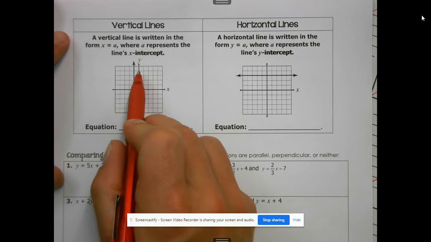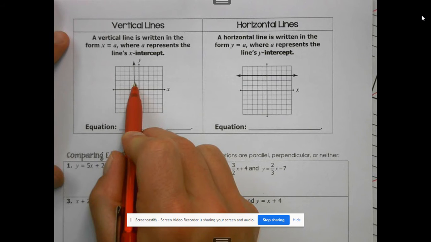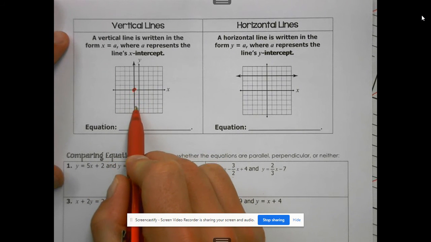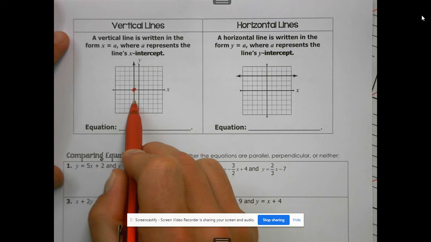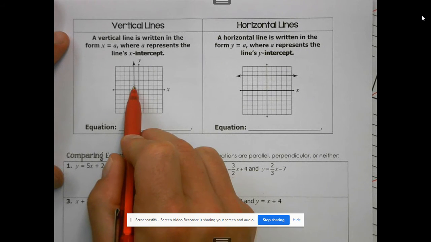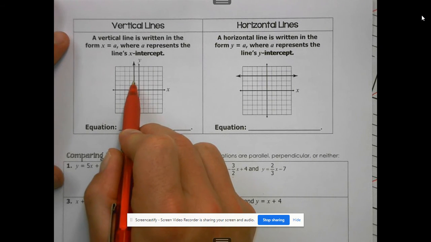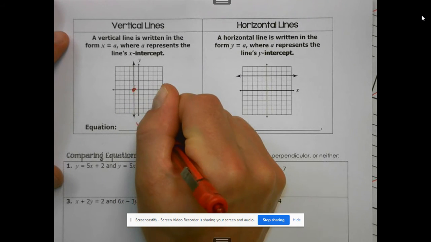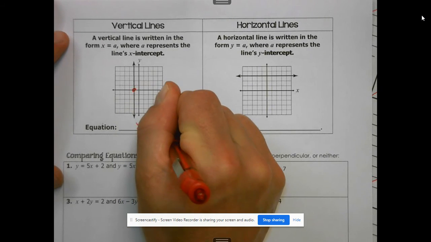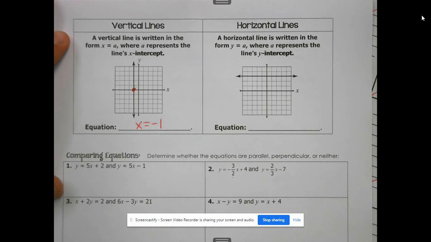Any ordered pair on this line, the x-coordinate will always be -1: -1, 0; -1, -1; -1, 2; -1, 1. So the equation for vertical lines is always x equals whatever its intercept is. In this case, it is -1.